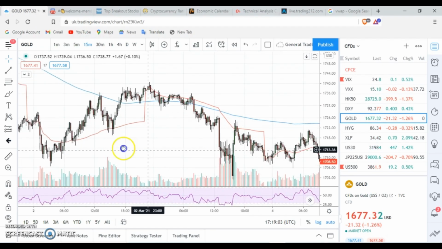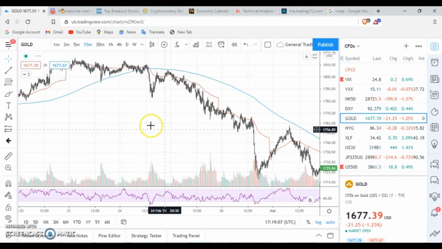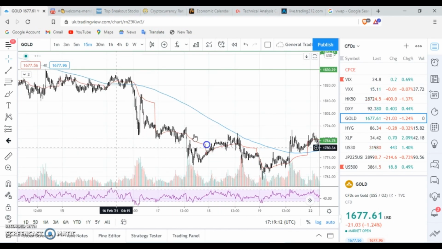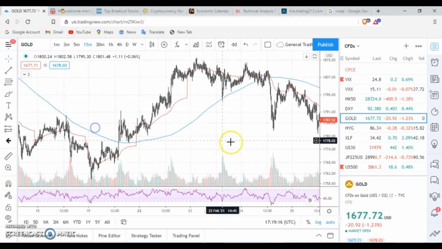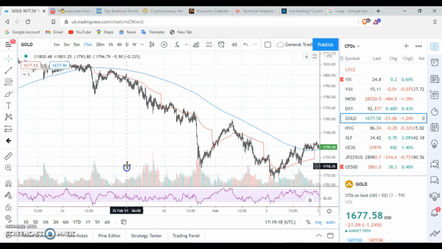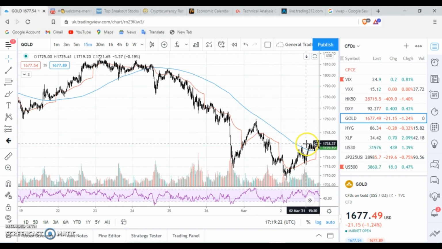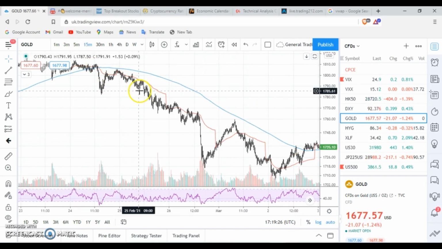So basically how the strategy goes is, let me try and show you here. Whenever the price is below the 200-day moving average, it is bearish, a bearish trend.